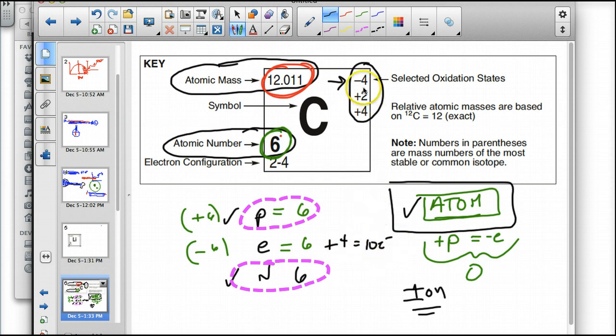The reason why it's -4 is, well, carbon going to carbon -4 is still carbon. So the proton number can't change, because you can become negative, you can lose positives, but we never lose the proton number because it's still the same symbol. Therefore, you gain electrons. So this has 4 more electrons than normal. So when it becomes a -4 ion, it had to gain 4 electrons and have 10 electrons. Okay, so in any case, that's a little preview of where we're going.